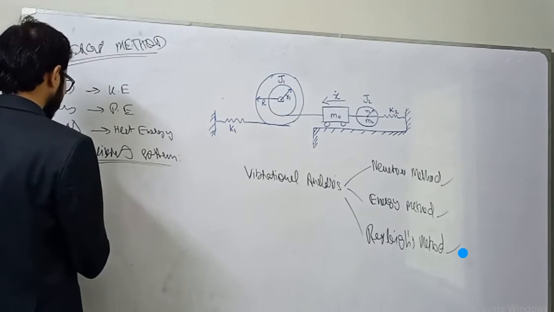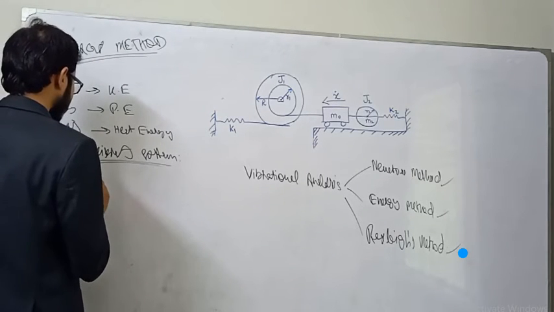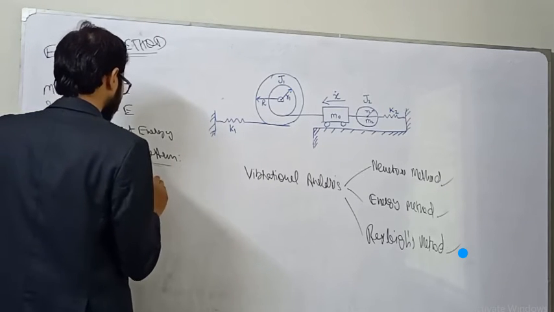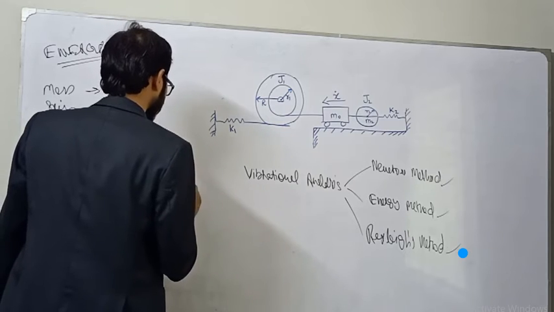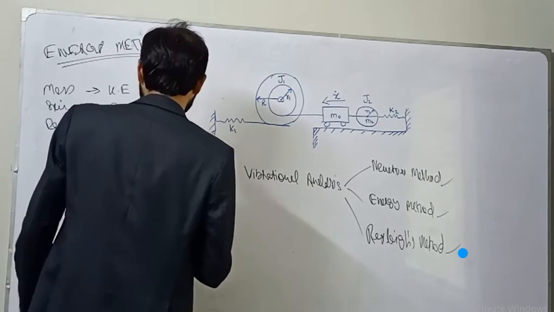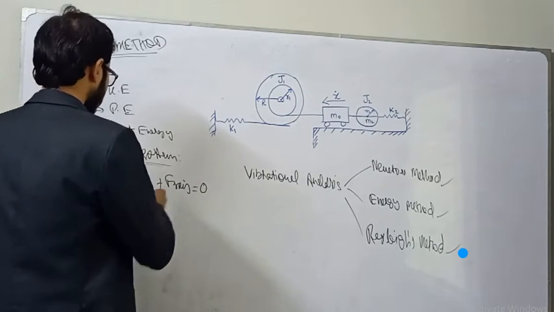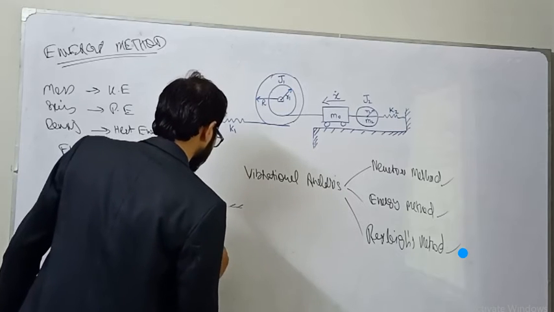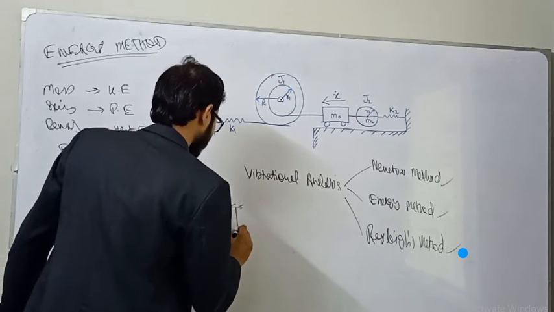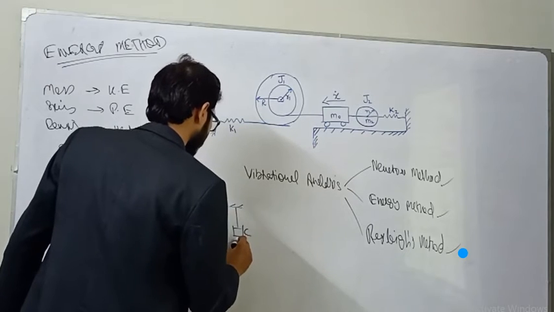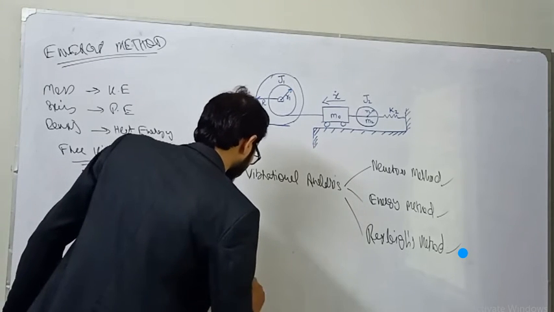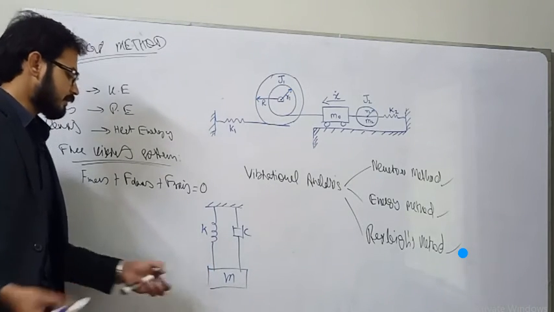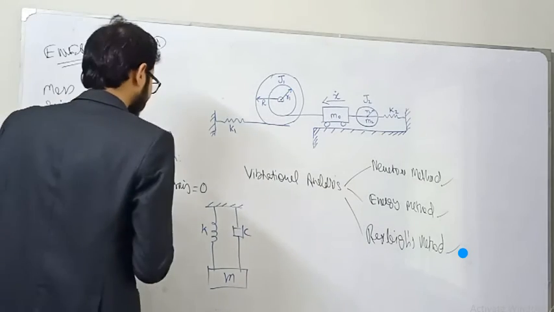The first force will be associated with the mass, the second force with the damping, and the third force with the spring, and their sum will equal 0. A possible vibrating system associated with this will be, suppose this is a spring element with stiffness K, suppose this is a damping element with damping coefficient C, and they are connected with the mass M. So this equation is defined for this mass-spring system where we have a damping element as well.